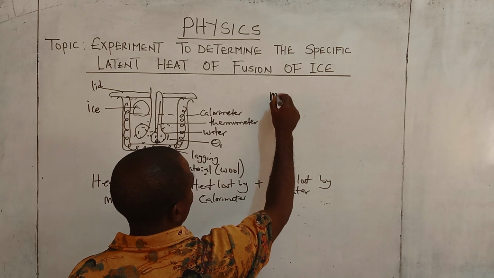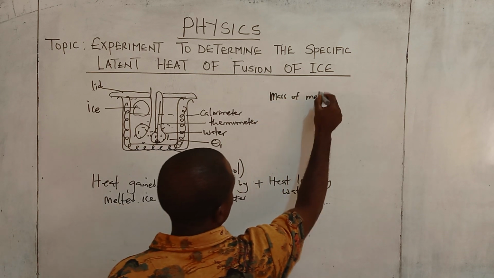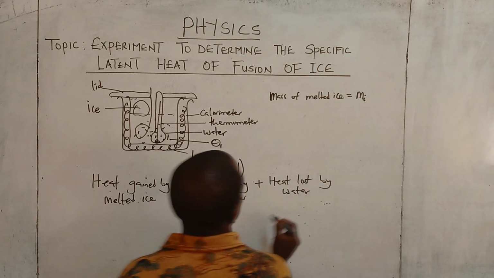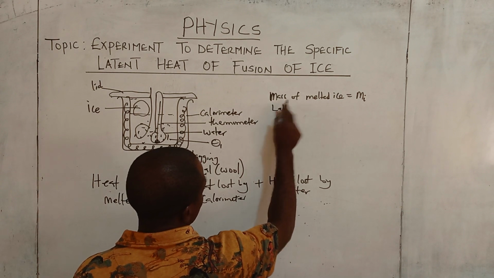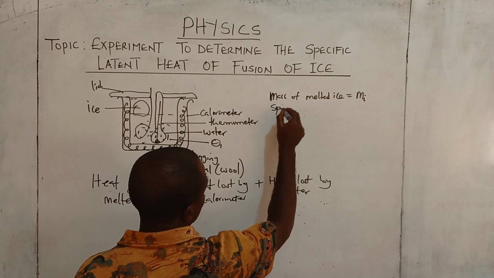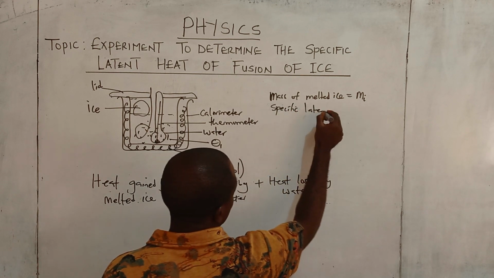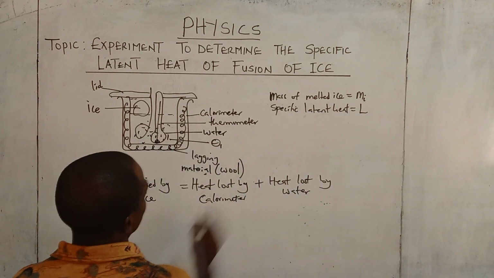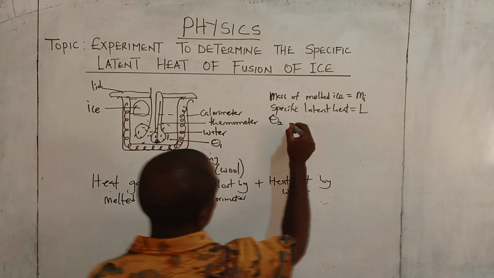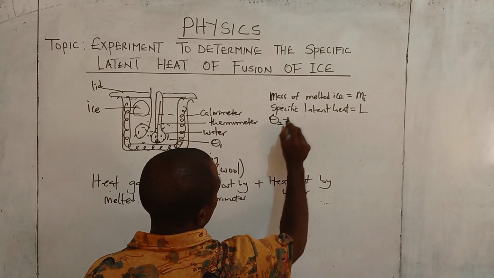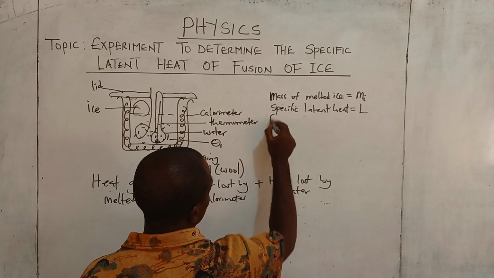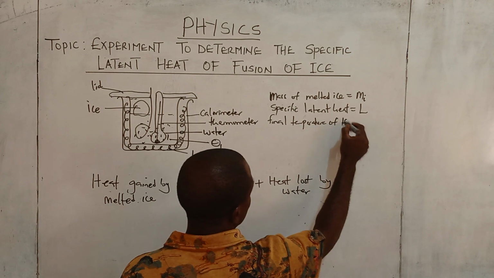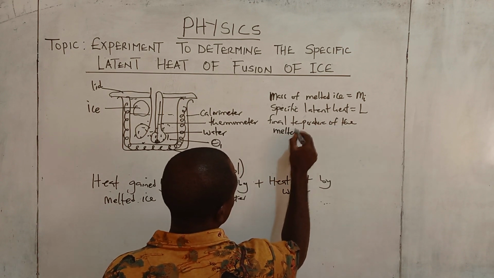Now let's call melted mass of melted ice, let's call it Mi. Specific latent heat, let's call it equal to L. Theta2 as final temperature of the melted ice.